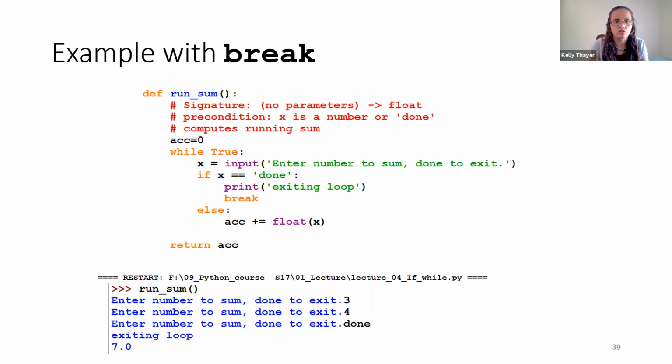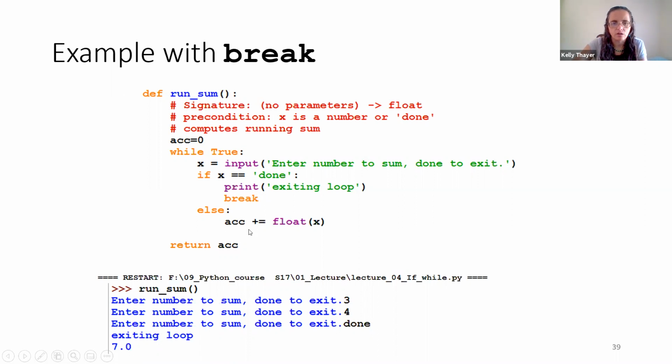So we have enter a number to sum and done to exit. Here the person is entering some information, and if they type done explicitly, then it will print the message exiting loop, and it will stop doing the calculation in this block.